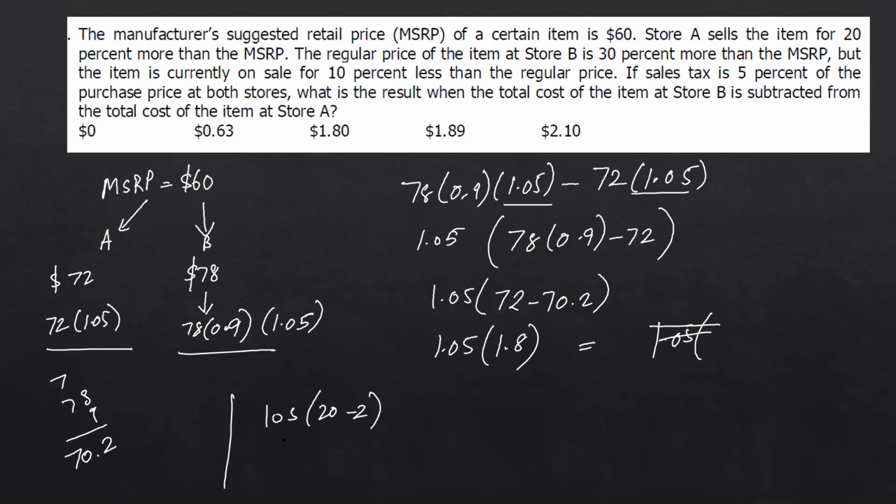So 105 into 20 is 2100, and 105 into 2 is 210. So it's 2100 minus 210, which is 1890. Divide that by 1000. 1.89 is the answer.